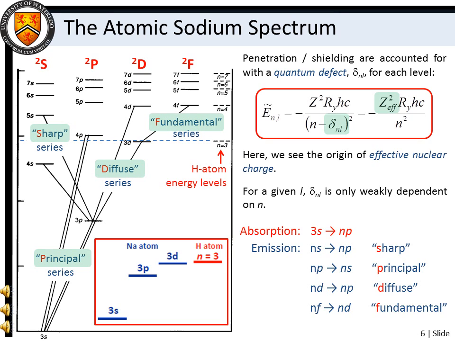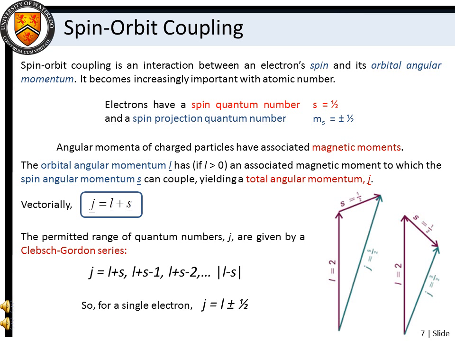We now know that these emission series originate from orbitals with L equals 0, 1, 2, and 3 respectively, and in fact, these traditional emission series labels for atomic sodium are the origin of the S, P, D, and F labels for atomic orbitals.